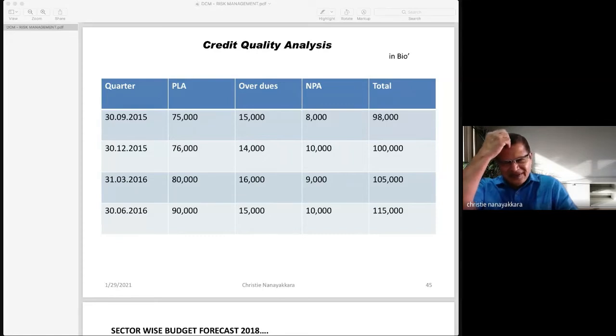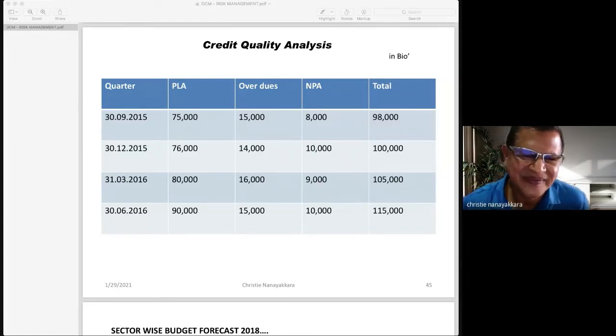Now, if you have overdrafts, when you see this table, every quarter in 2015, I have analyzed the bank's portfolio. In September 2015, total loans given were 98 billion.